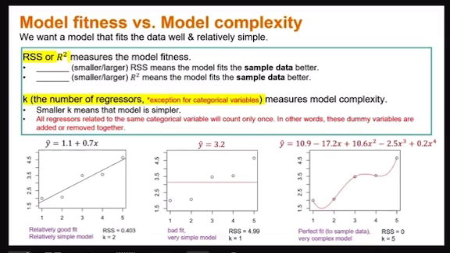Because let me tell you this, RSS does not take model complexity into consideration. It's just for model fitness. And that's why we need a brand new approach that combines both model fitness and model complexity.